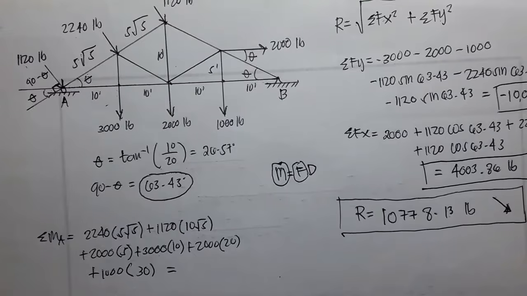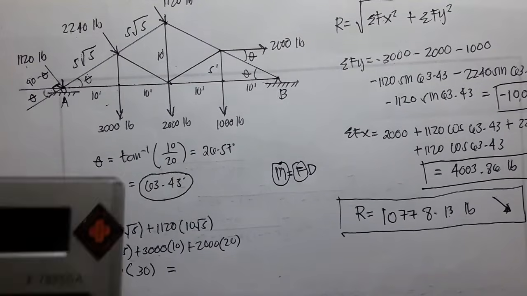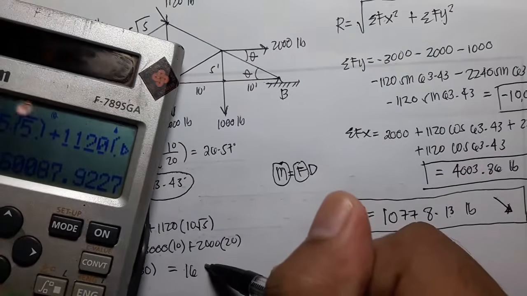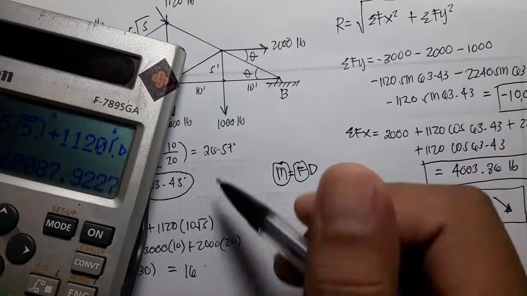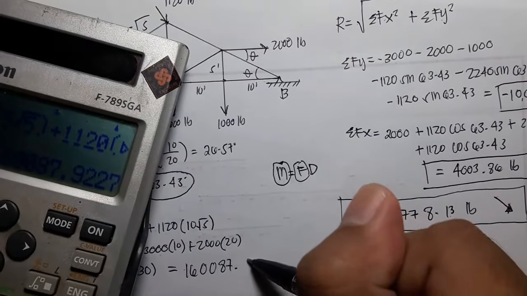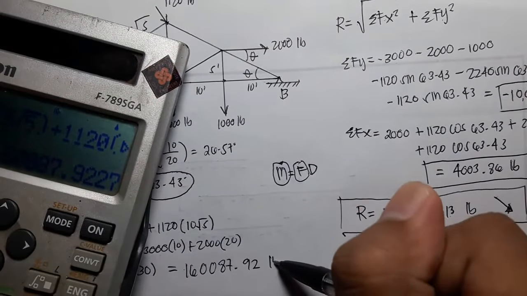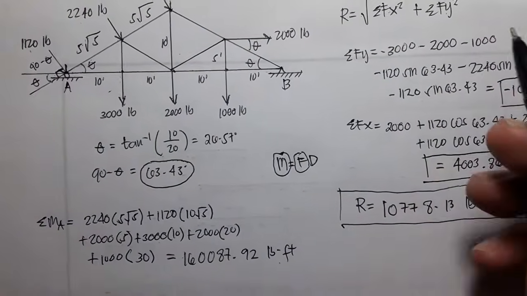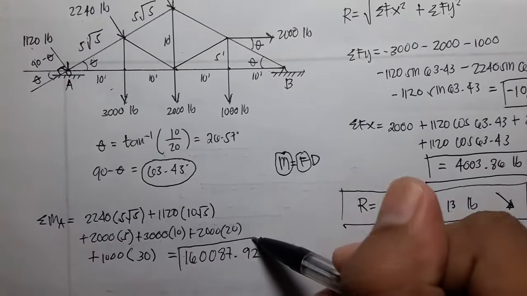So our moment is 160,087.92 lb-feet. This is our moment.